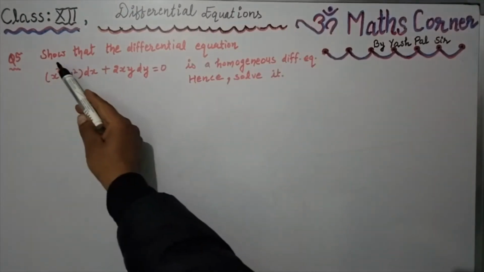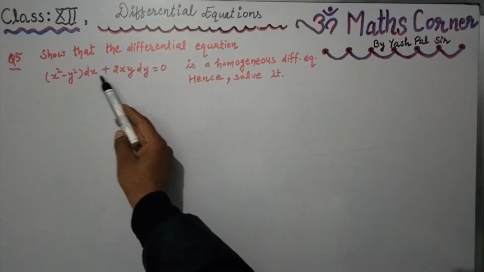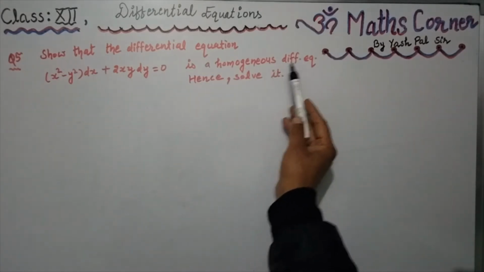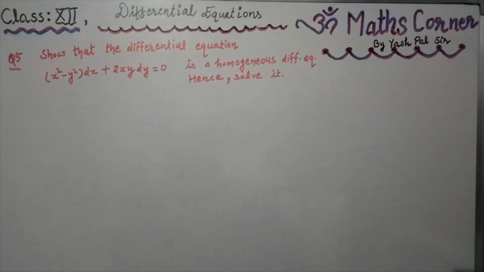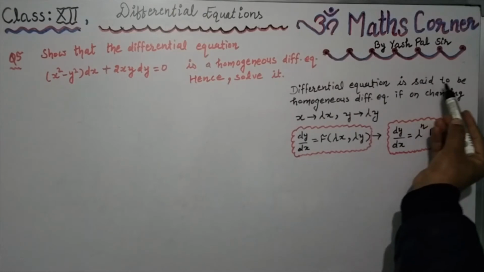Now question number 5. Show that the differential equation x square minus y square into dx plus 2xy into dy is equal to 0 is a homogeneous differential equation, hence solve it. So first of all, what is a homogeneous differential equation?